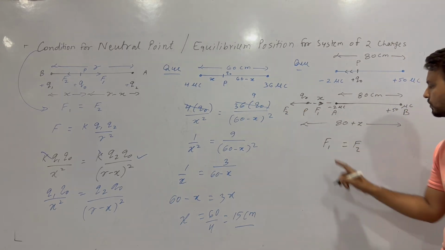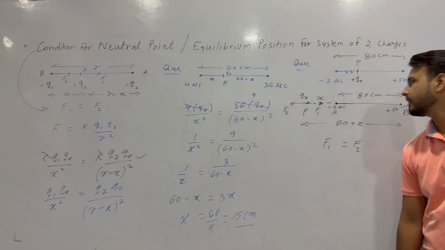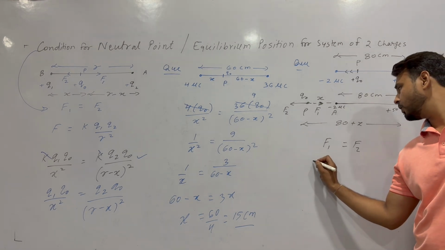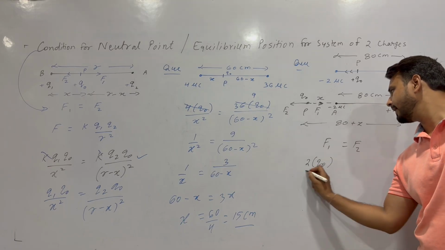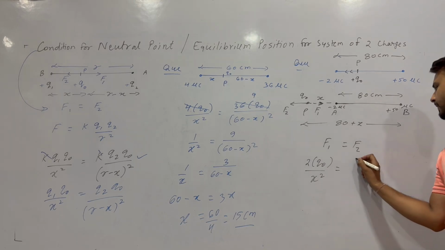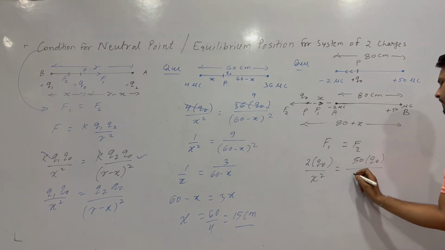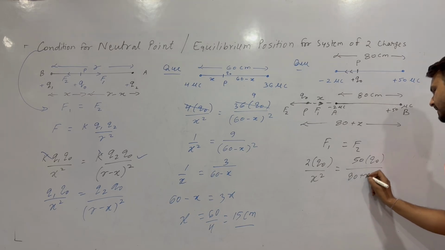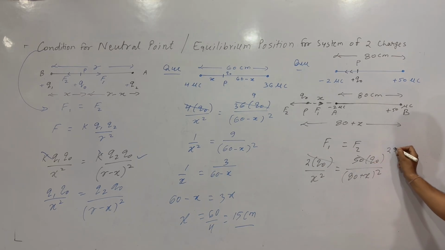Now equating F1 and F2, we get 2 into Q0 divided by X square, equal to 50 into Q0 divided by the distance between them, which is 80 plus X whole square. Now cancelling over here, we get 25.